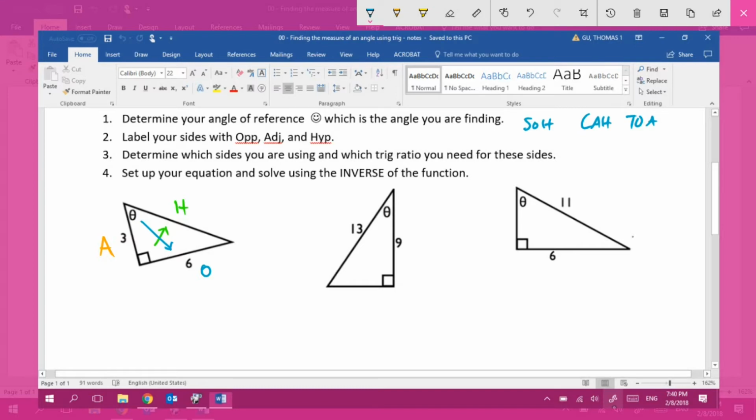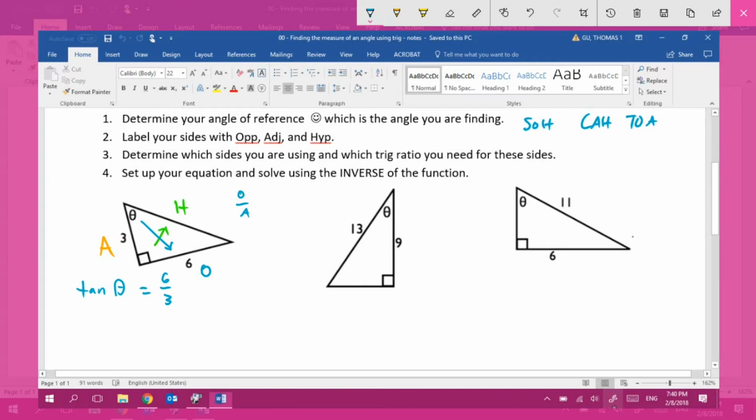This time we don't know the angle, so we're just going to write tangent of theta. We're trying to find theta here, it's pretty much like the x. Tangent of theta equals, and what numbers do I know? It's opposite over adjacent, so that's O over A, which is 6 over 3.